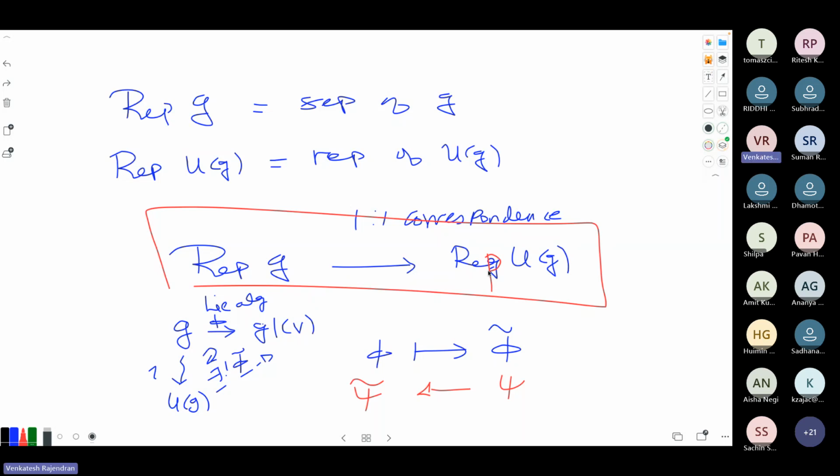That doesn't guarantee that you can easily deal with representations of UG. But again, because of this correspondence, you can bring in all the tools that you have in associative algebras to representations of g. So that approach is also well studied. For example, there is this book on the enveloping algebra, enveloping Lie algebra.